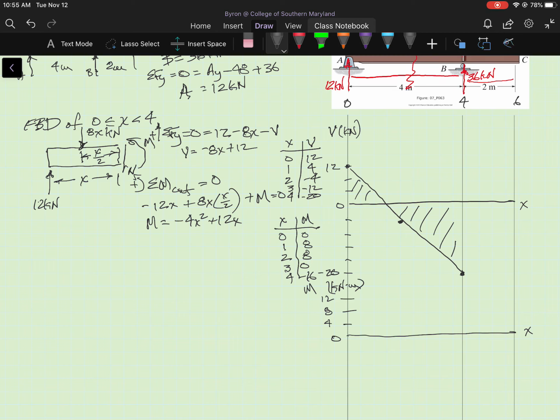And on this side, we need to go down to negative 16. Okay, so I'll plot those points. I have 0. At 1, I'm at 8. At 2, I'm at 8.